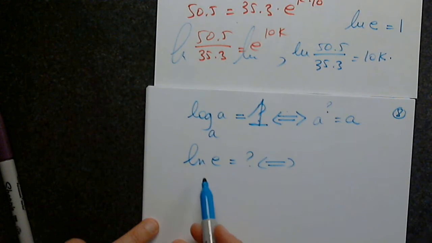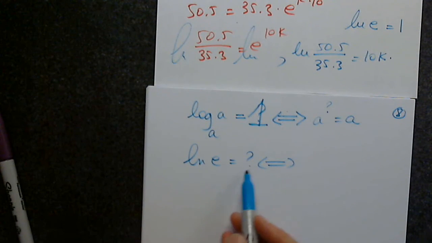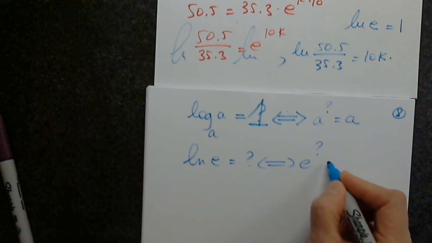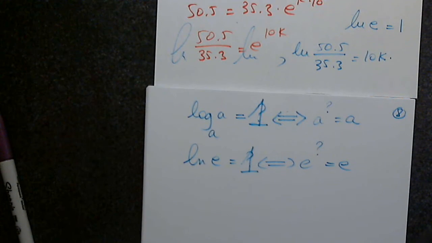But I know that, what is the base here? The 10 is for log. So what is the base for ln? Natural log has base e. E raised to which power is e? And the answer is 1.